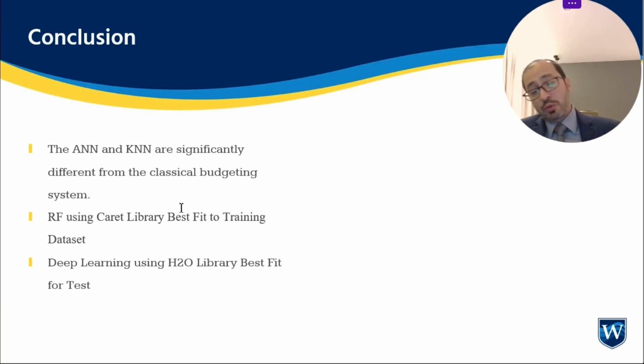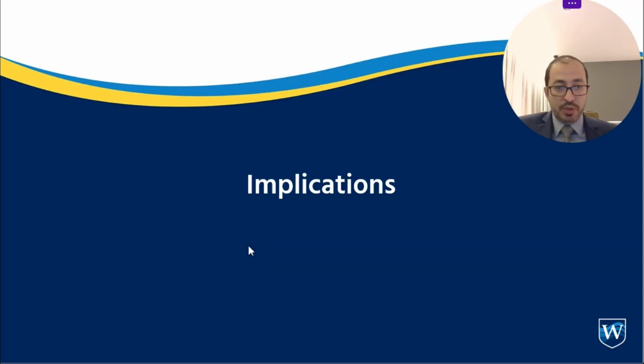We can conclude that ANN and KNN are significantly different from the classical budgeting system. The random forest using Caret library provides the best fit for training dataset. The deep learning using H2O library provides the best fit for test, which is our main concern.